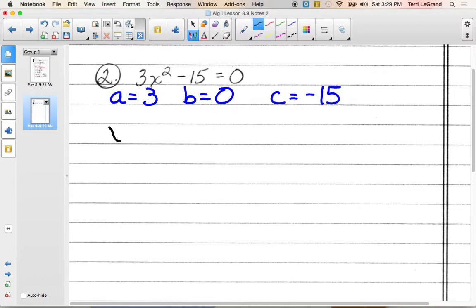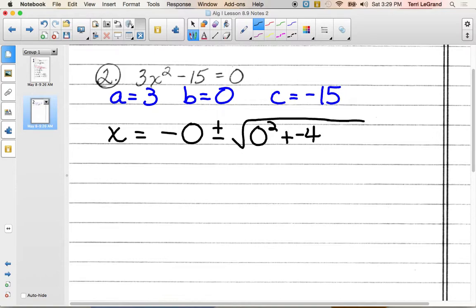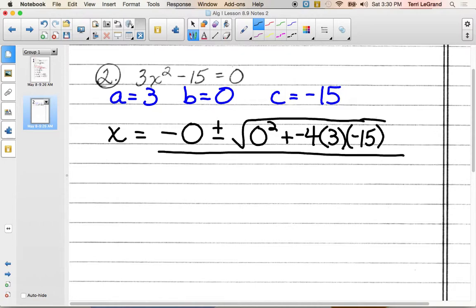So we have x equals the opposite of our b value, which is 0, plus or minus our radical sign. We're going to be squaring b, which is 0, plus a -4 times our a value, which is 3. Keep having to extend my radical sign. Times our c value, which is -15. And that is all over 2 times our a value of 3.